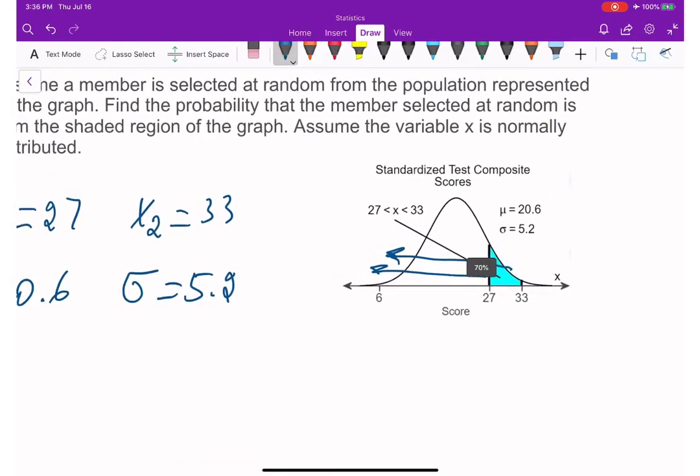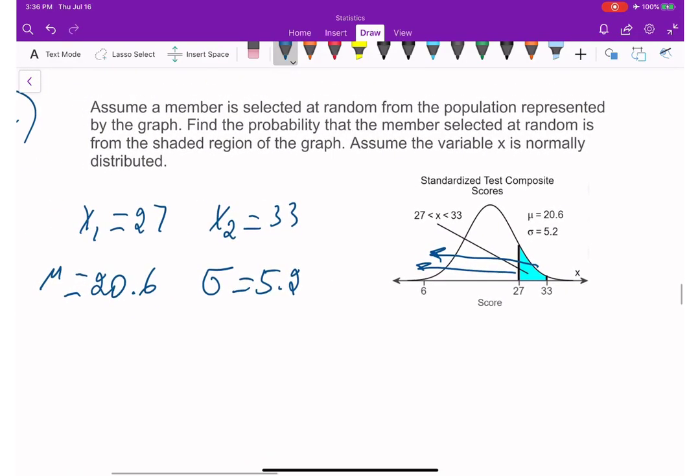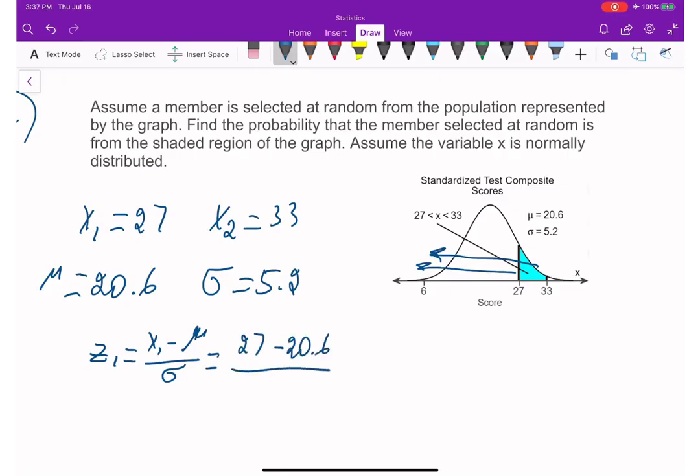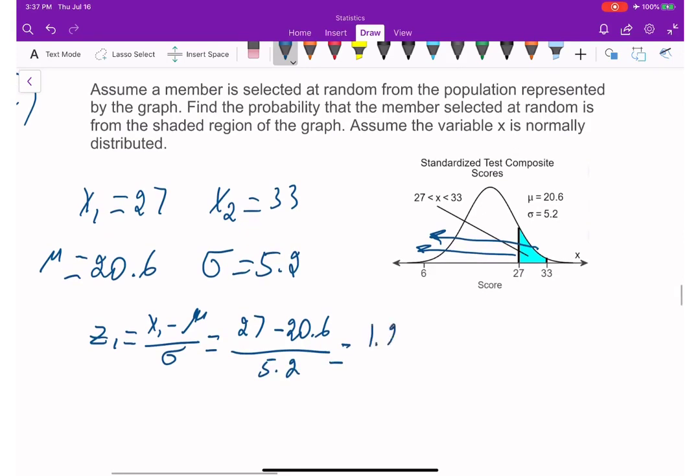Here we go. Okay, so Z1 is equal x1 minus mu over sigma. It's equal 27 minus 20.6 over 5.2, and that is equal 1.23.